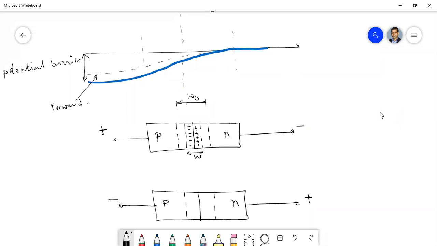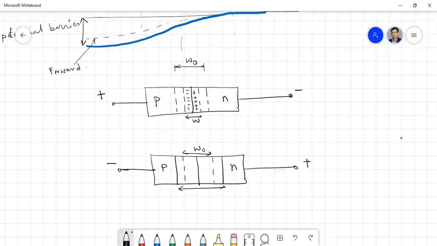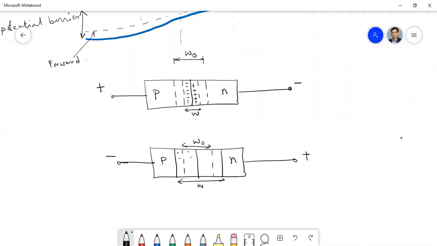If initially it was W0, it will be W after that. That is the change in the width of the depletion layer or space charge region.